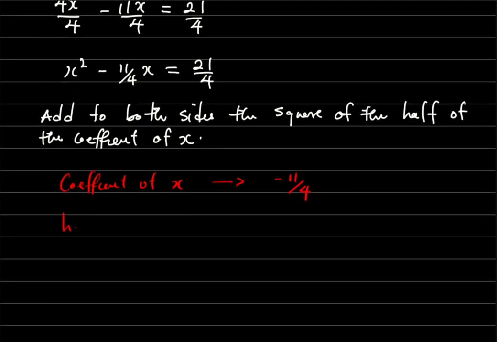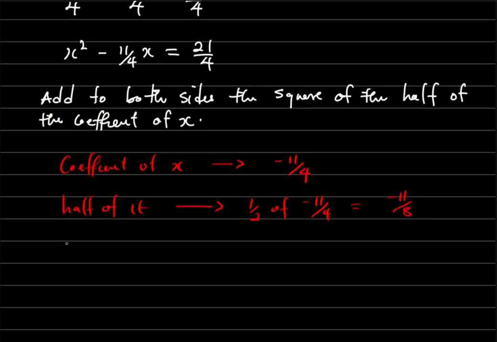Good. Then let's talk about the half of it. Half of the coefficient of x is going to be 1 over 2 of minus 11 over 4, which is minus 11 over 8. Then the square of it is minus 11 over 8 all squared, which is actually 121 over 64. But I wouldn't want to do that. Let me just go with what I have here.